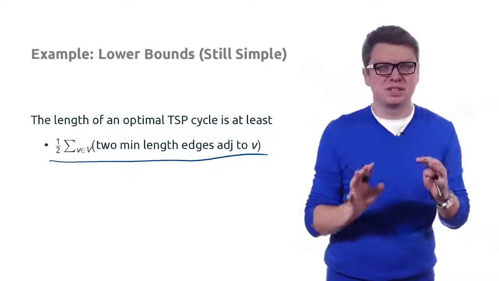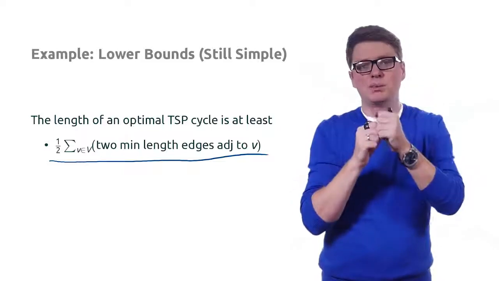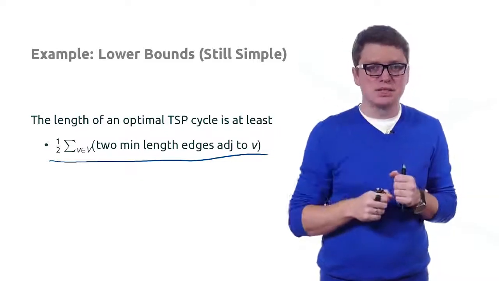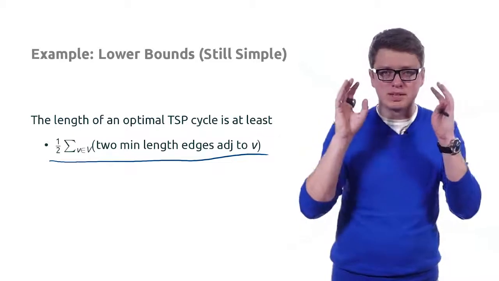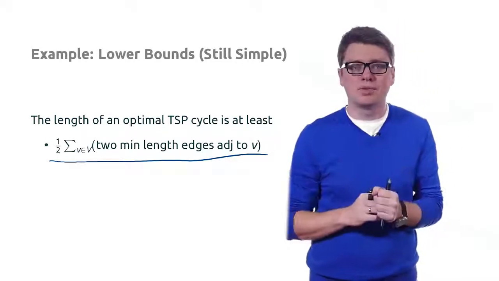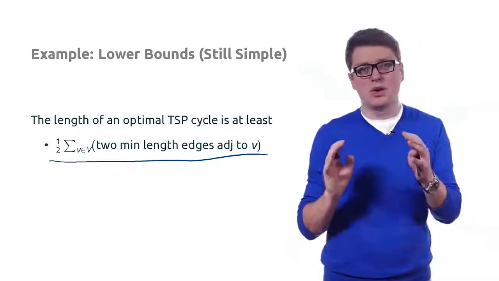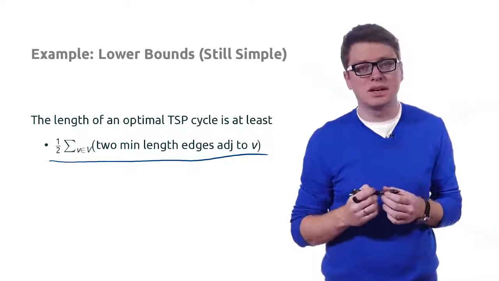Assume for simplicity that the graph is undirected. Then we just take two edges of minimum weight that are adjacent to this node. So we compute the sum of all such edges for all the nodes, and we take 1/2 of them. I claim that this gives us a lower bound for the optimum TSP cycle.